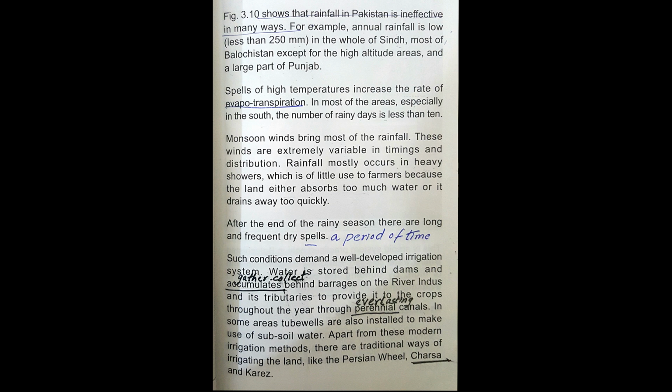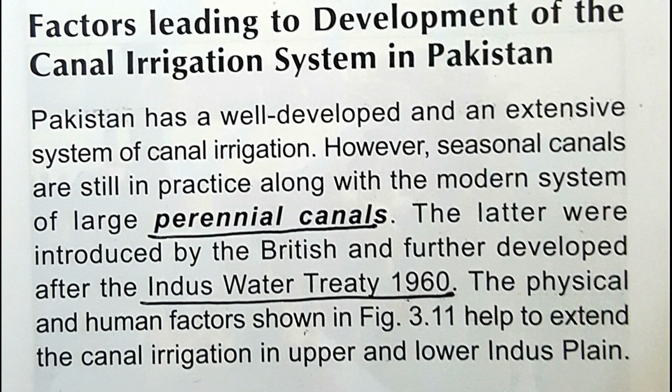Students, we come to know that well developed irrigation systems are established in Pakistan, as water is stored behind dams and barrages are also established on the River Indus. Still, there are traditional methods used by the farmers, and among these, the Persian wheel, charsa, and kharees are very important.